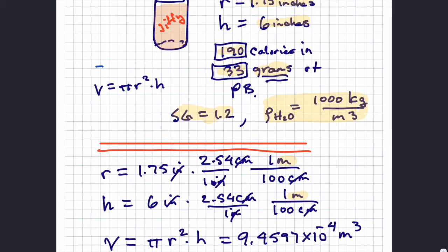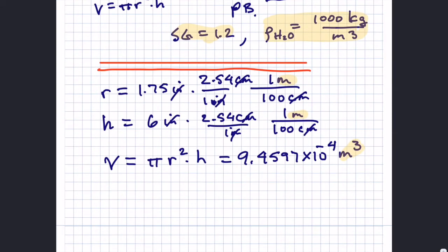Now why cubic? Well, because R is in meters, and then we square it, so there's square meters, and then H is in meters. So square meters times another meter gives me cubic meters, which is what we were expecting.